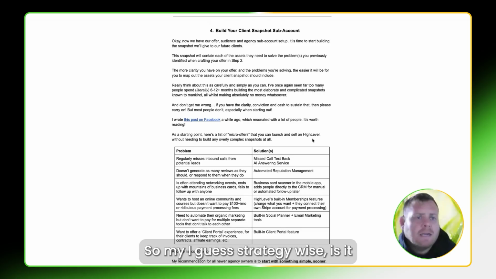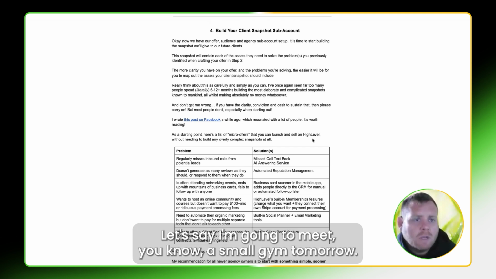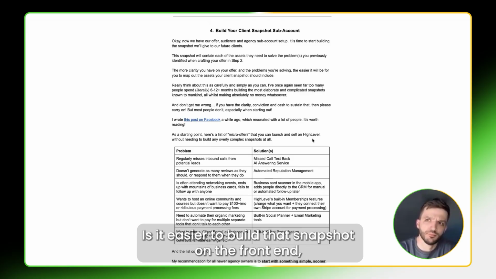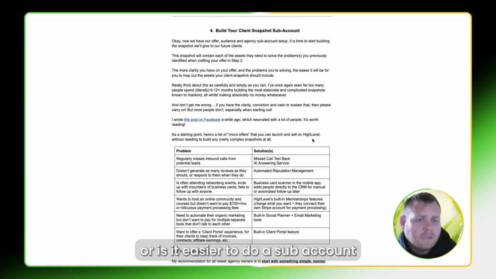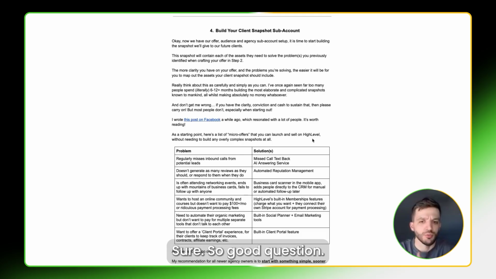Yeah. So mine, I guess strategy wise, is it easier to build the snapshot, let's say I'm going to meet a small gym tomorrow, is it easier to build that snapshot on the front end, or is it easier to do a sub account and then download that snapshot? Sure. Good question.